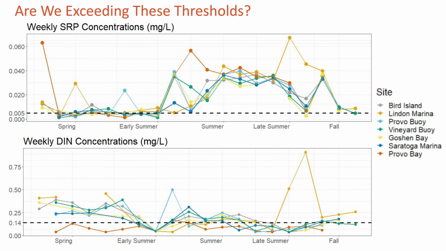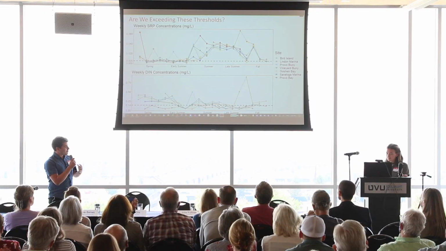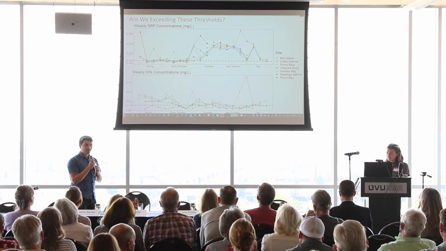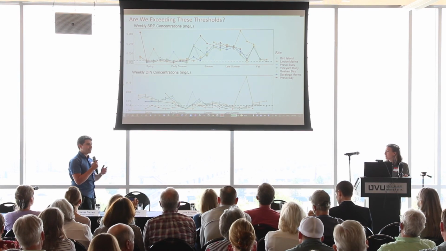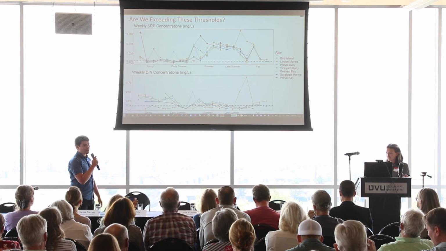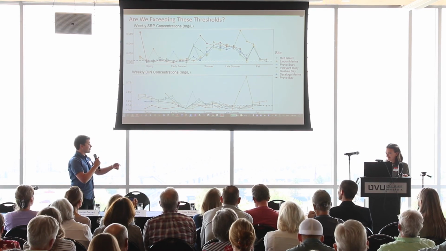And there's a lot of algal growth in that time period. For DIN, we're about at or around that threshold that we set, so we're not as worried about these high concentrations of nitrogen. Except for Linden Marina in late summer, I don't know what happened, if anyone knows.